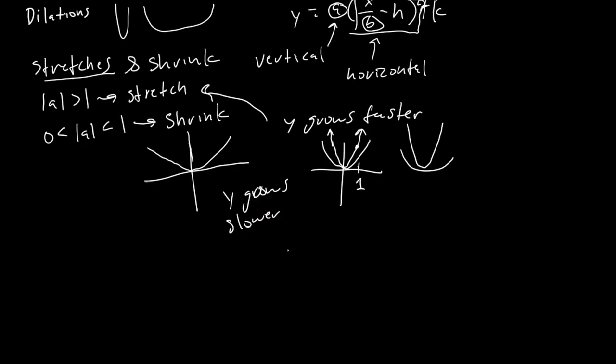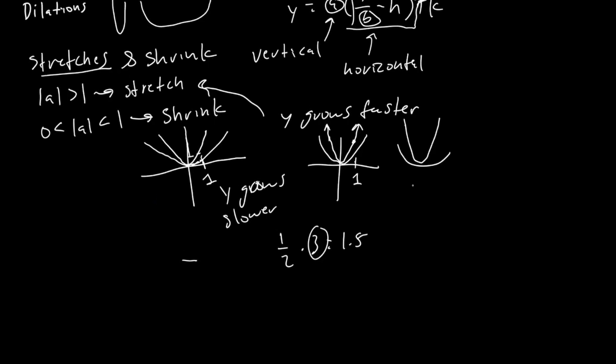So like 1/2 times 3 is 1.5, which is lower than 3, right? So this means y grows slower. So for a value of 1, our y would be lower. So it would be wider, not stretched out. So you're kind of like shrinking the y-axis down.